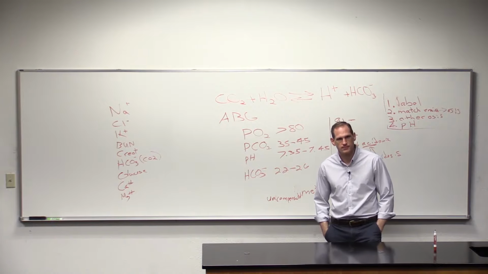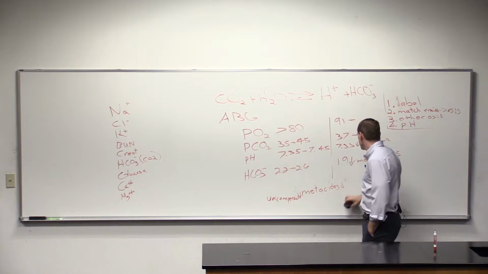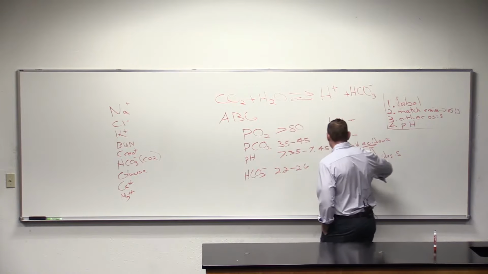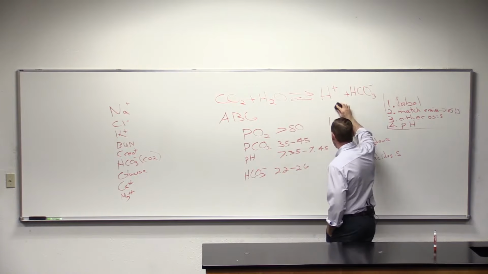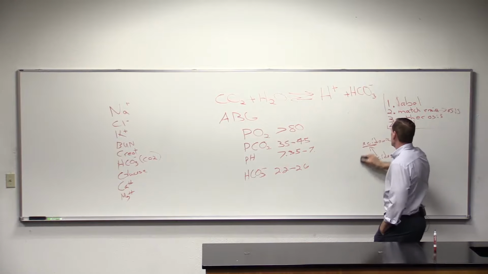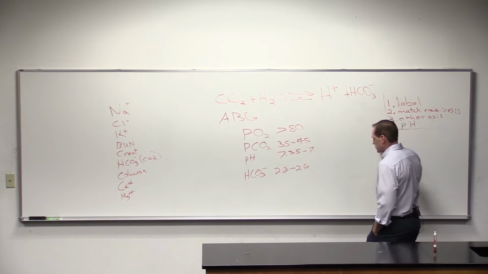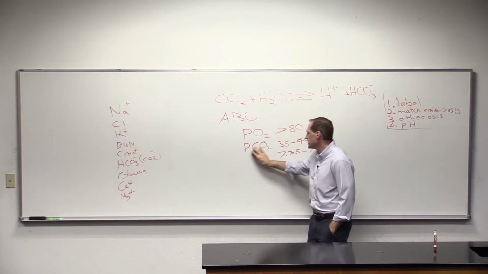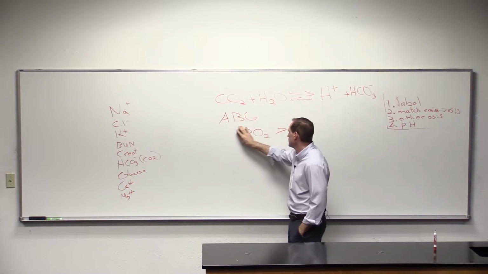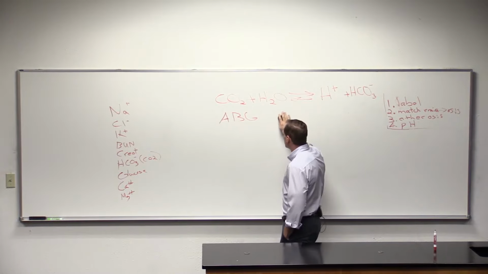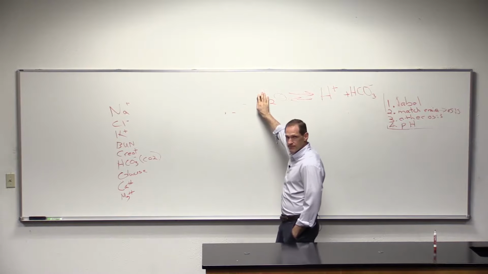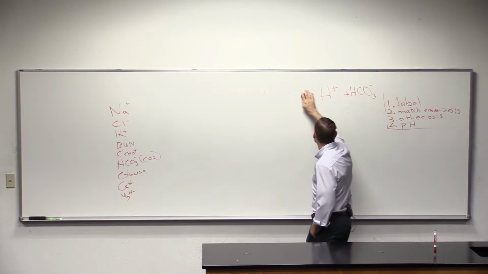Does that make sense? No, just uncompensated. All of the partially or completely depends on it being compensated in the first place. So if we don't make it to the next step, you just stop there.